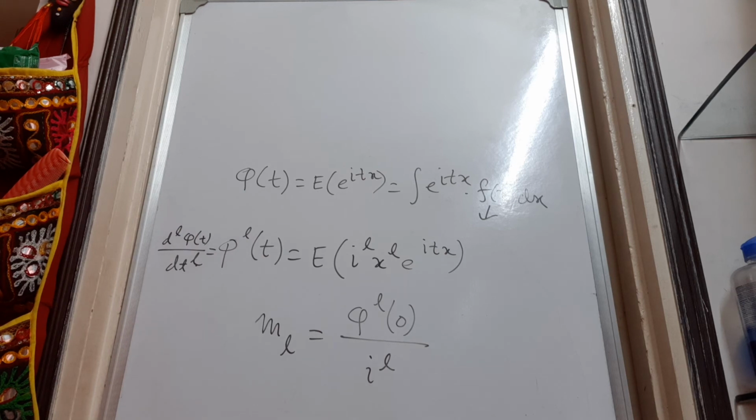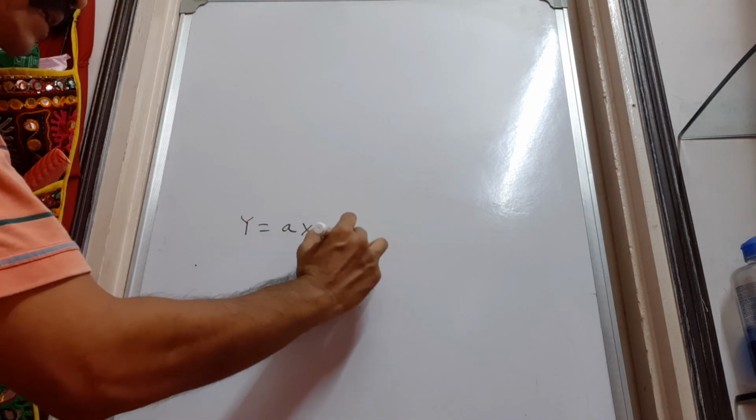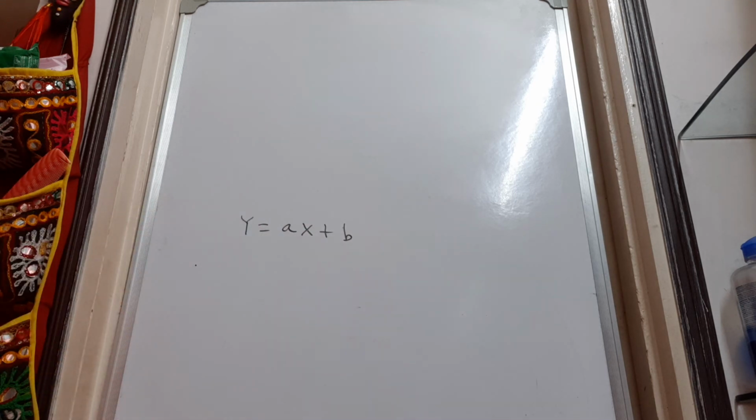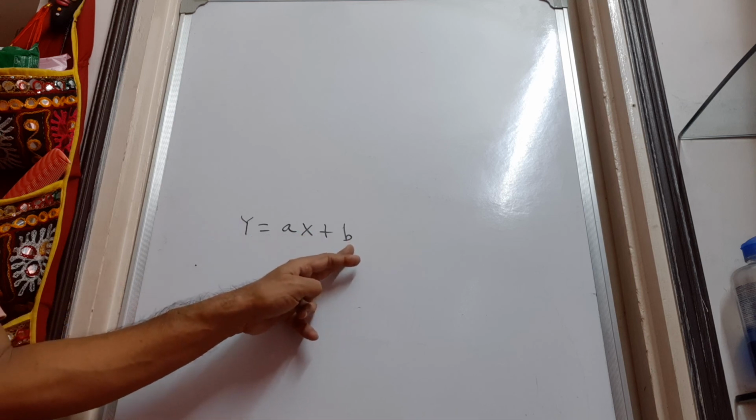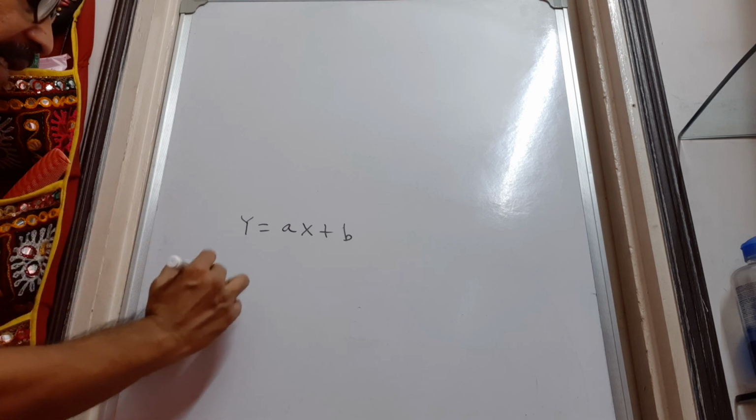You should remember this. You should also remember the effect of origin shift and scale change. That is, if we put y equal to a x plus b, that is the scale change and origin shift. I hope you understand. Then what is the effect on this characteristic function?